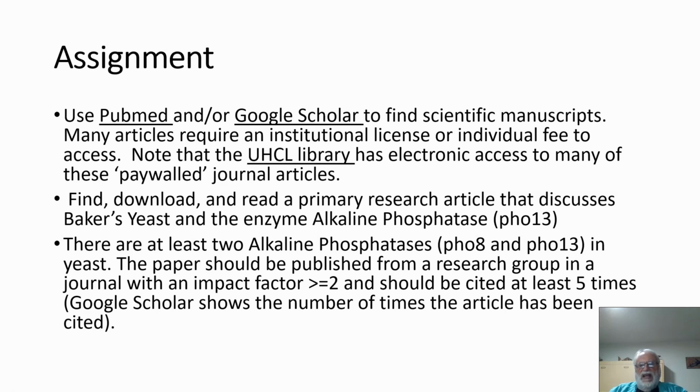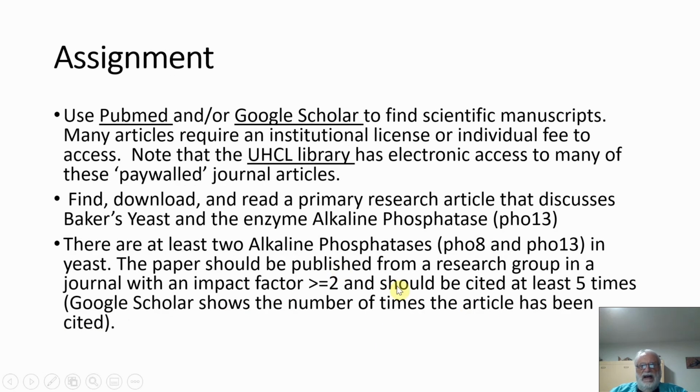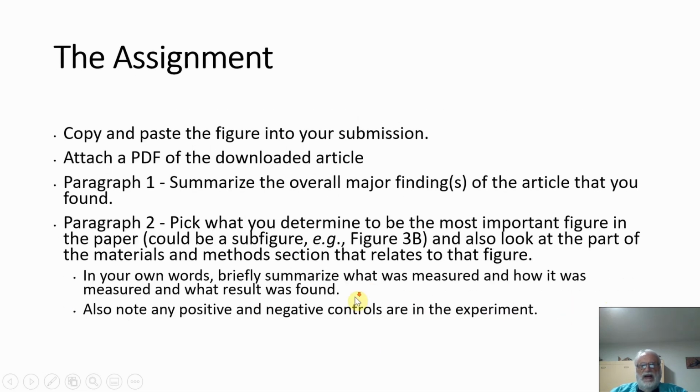I think you'll find there's a lot of alkaline phosphatase papers related to xylose metabolism, I believe. There's a number of things, and those orient towards some biochemical journals and biochemical engineering journals, which might be kind of interesting. But go ahead and read a paper on FO13 to get a little bit more information about it. And just make sure that it's been cited. The key thing here is make sure the article's been cited at least 5 times from Google Scholar.